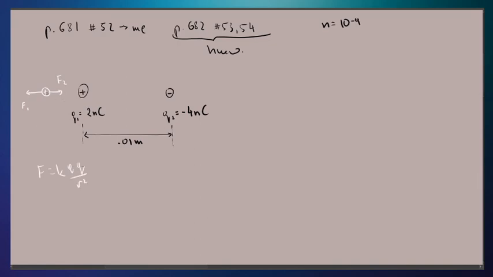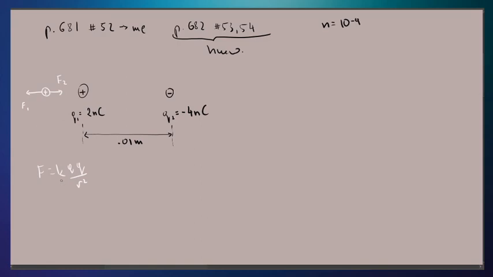Between these two the distance is smaller than between the other two, but this is also a smaller charge, so it's at least possible that I should be able to obtain a situation where this force is equal to that force, because even though the distance here is smaller, this charge is also smaller in magnitude.